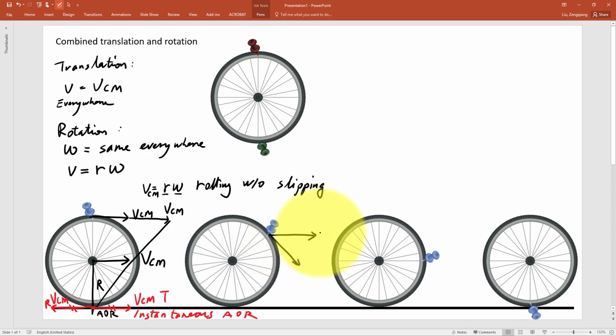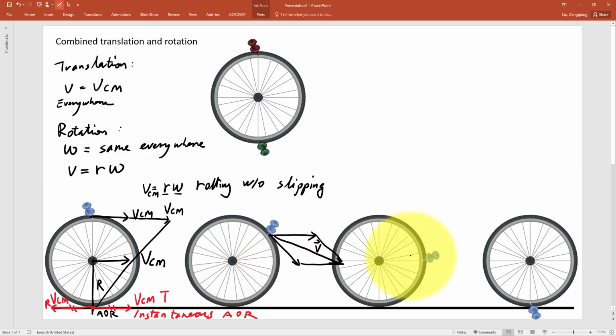They're the same exact magnitudes because we have already determined that. So the overall velocity will be in this direction. So this is the velocity of that pin, and it is going forward but also kind of downward. That will cause this pin to fall down and move forward, right?